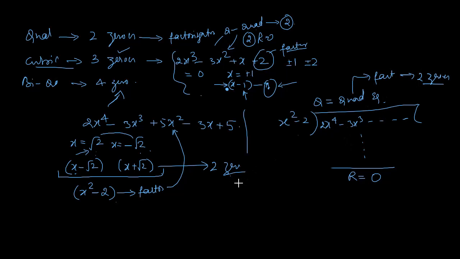Done. So understand this method of exactly why this is done here and what this is taken as and what happens when we divide to get remainder 0, and then the quotient is actually going to be a quadratic equation, and if you factorize, 2 more zeros. So totally 4 zeros. They'll give 2 zeros, then you just have to find out 2 more zeros.